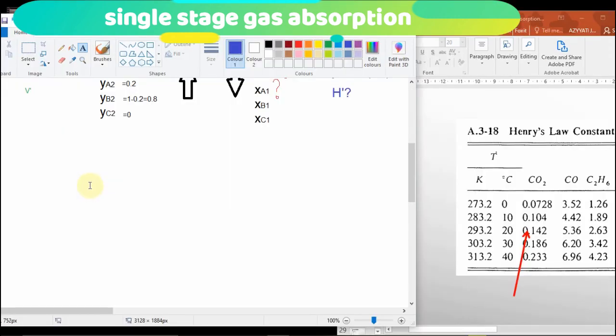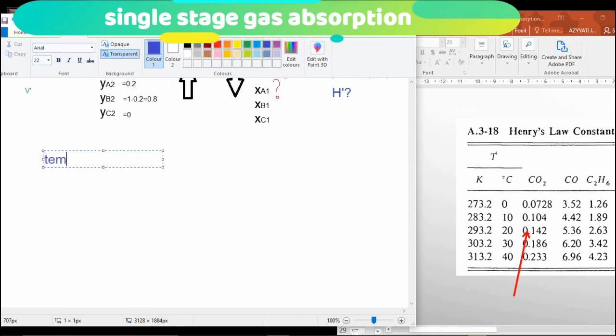So how to do the interpolation? The question gives the temperature condition of 293 K. This is a recap from the question, and according to this column, you already know how to do the interpolation, but I just want to give you a revision. Here, write down 283.2.